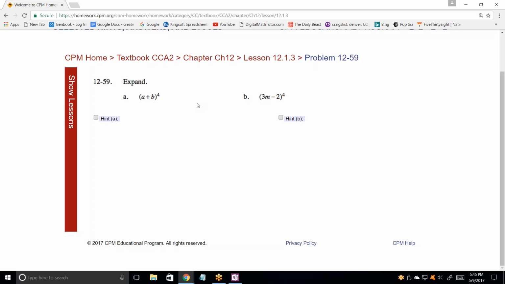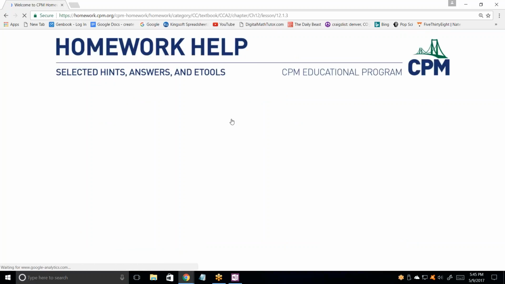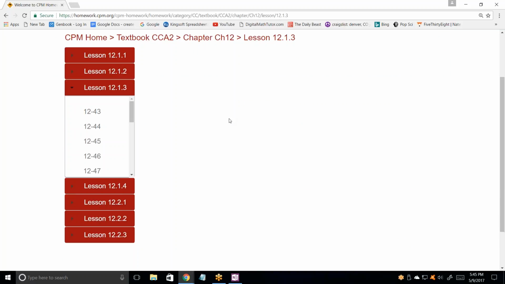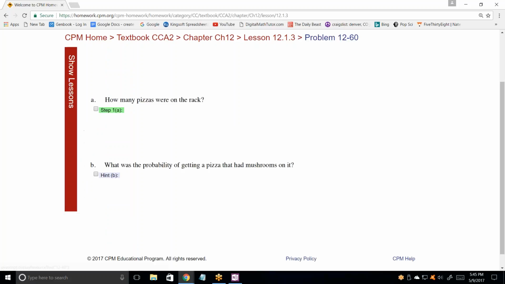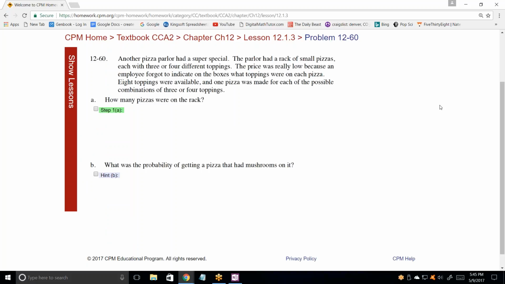That really is about the only way to go. I mean, we could do it manually, but there's a point where the binomial expansion becomes quicker, but there's also a point where it's slower.